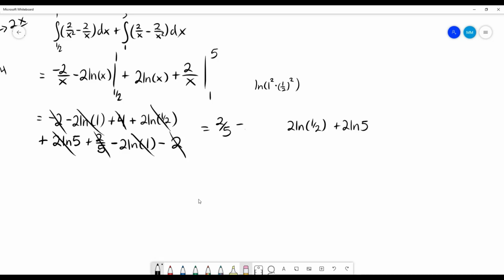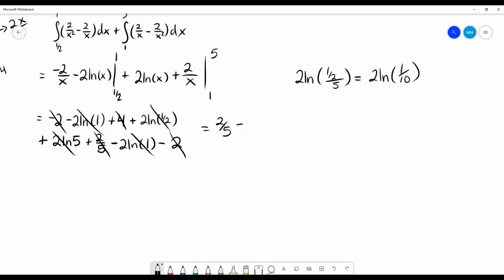So this is minus all of this. And now I can combine those, and I can leave that 2 out front. So that's going to be 2 natural log of 1/2 divided by 5, which is 2 natural log of 1/10. So then all of that simplifies, and so it's going to be 2/5 minus 2 natural log of 1/10.